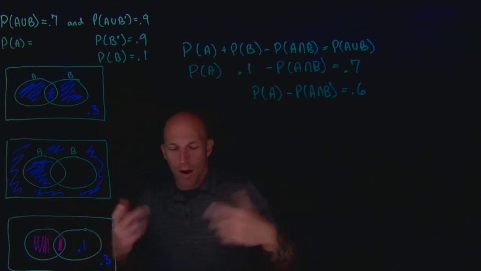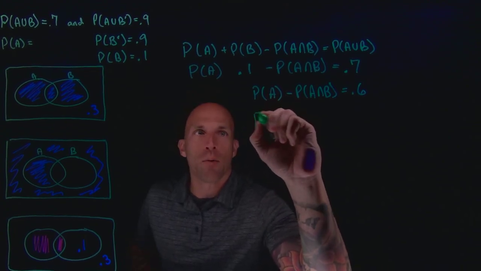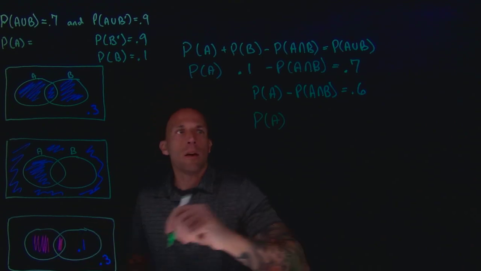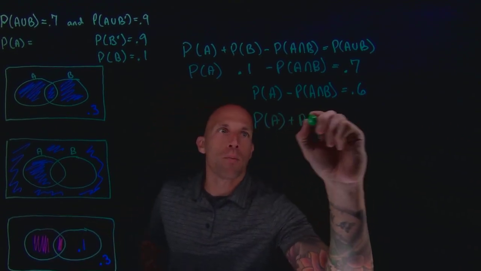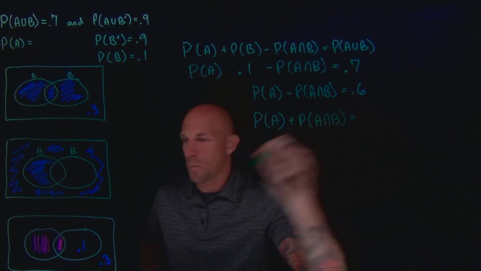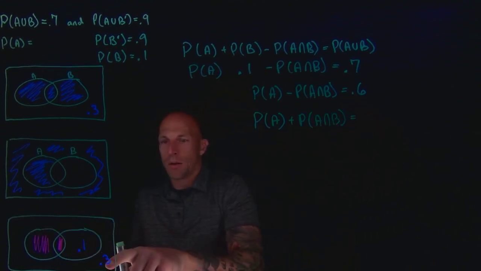So we can take that graph and just write another statement right here. We know that if we take the probability of A alone, and we add on the probability of the intersection of A and B, we're going to get 1 minus 0.1 and minus 0.3.